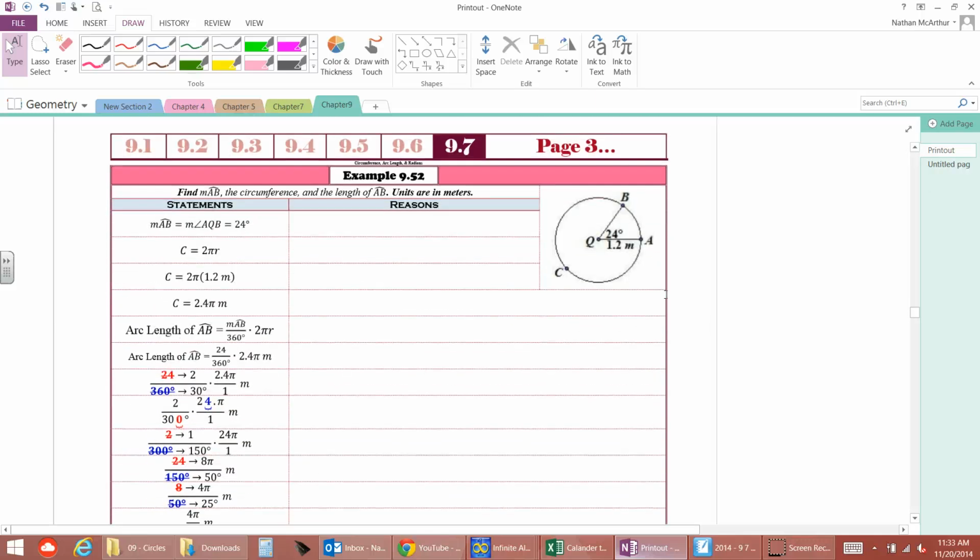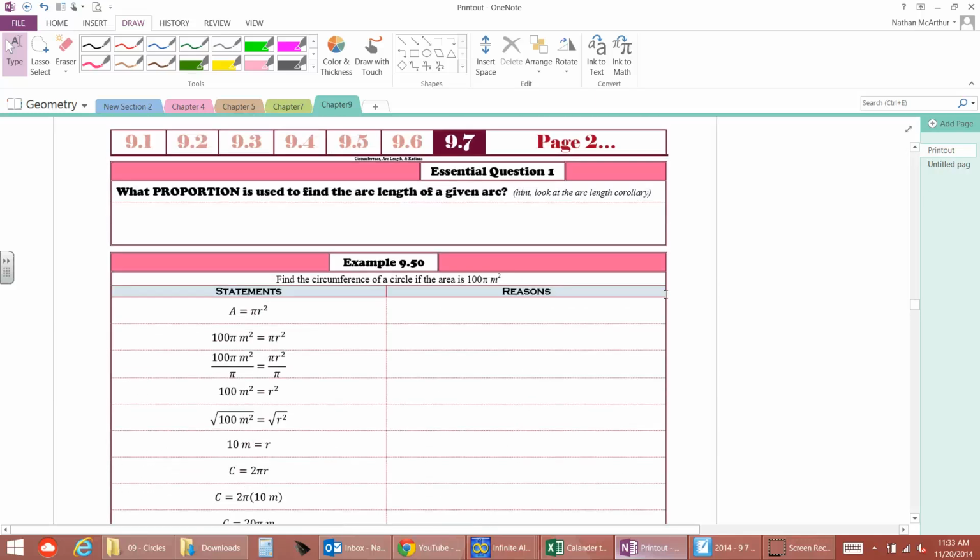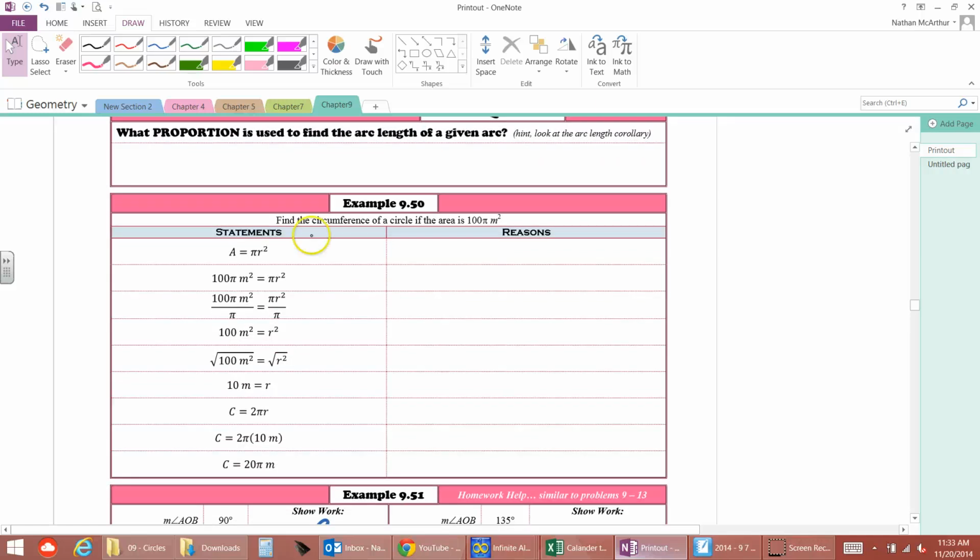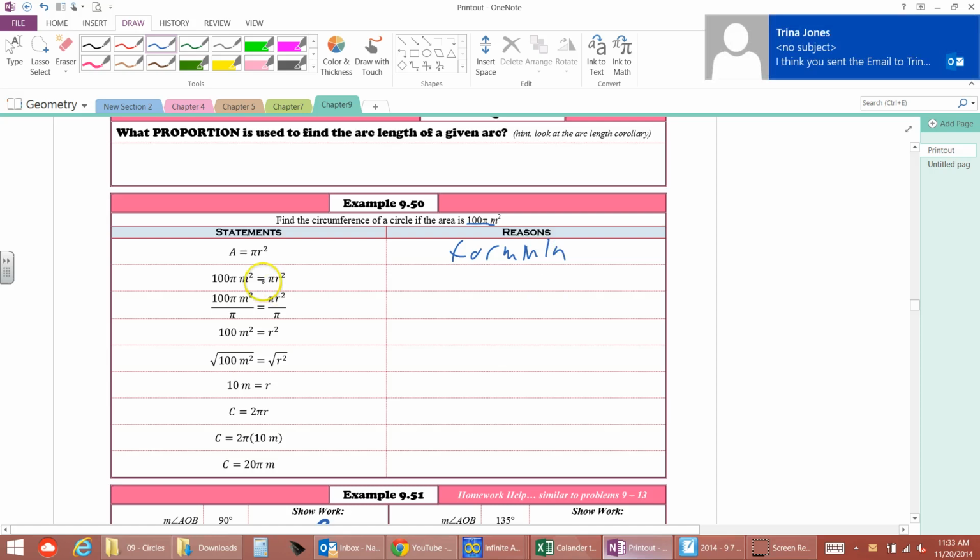Almost there. Okay, it says here, find the circumference of a circle when the area is 100 pi meters squared. So my area formula, this is the formula. Okay, this is my equation.